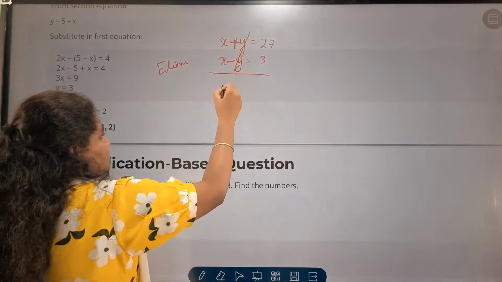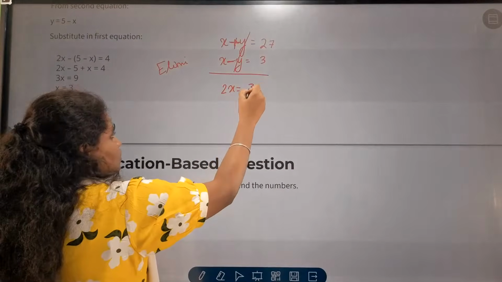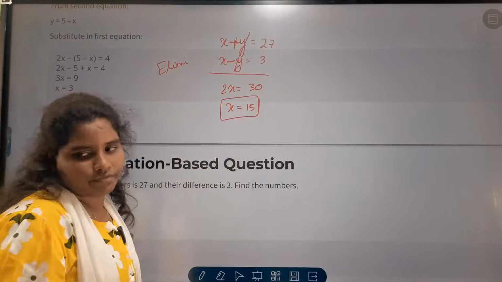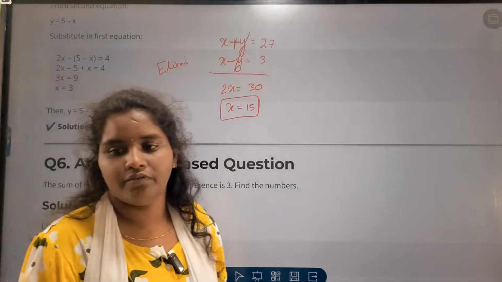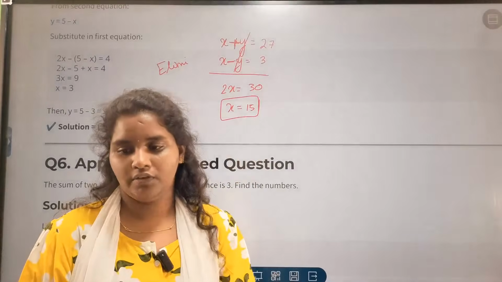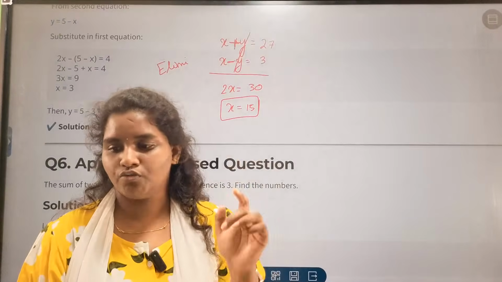So 2x is equal to 30, x is equal to 15. So we find x as 15, and then we substitute the x value in equation 1 or equation 2, then we find the value of y.